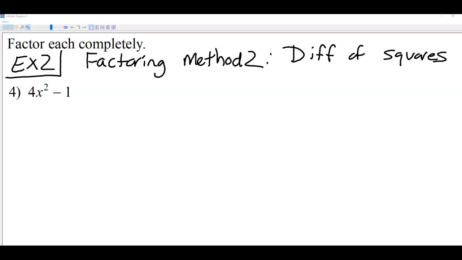We're not going to do a GCF this time. As a matter of fact, you can look and see they don't really have a GCF. They don't have anything in common to take out. So we're going to not do the GCF on this one. We use a different method.